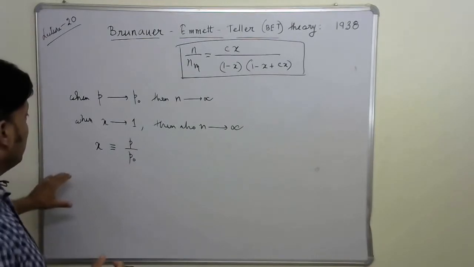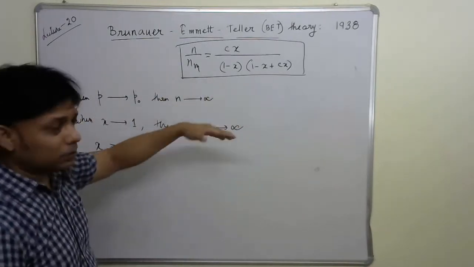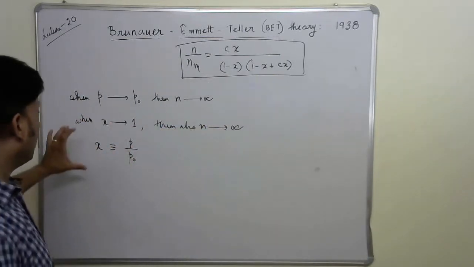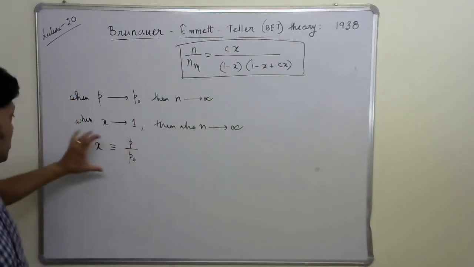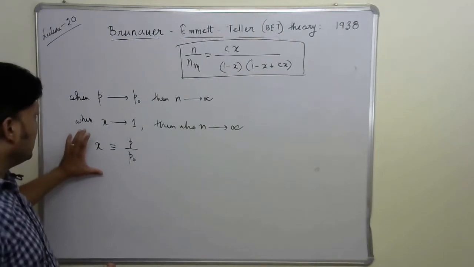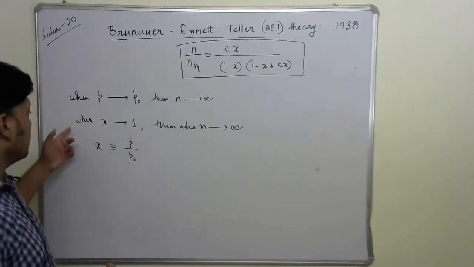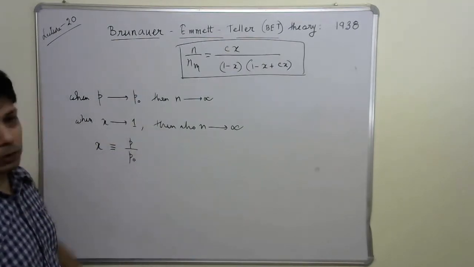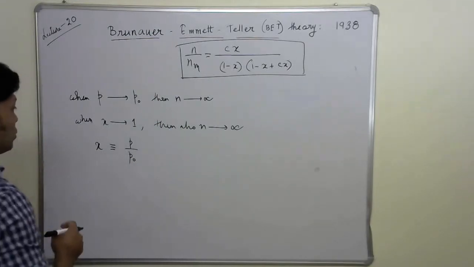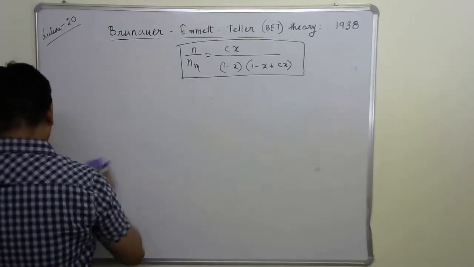Simply, instead of writing directly the expression of x, which contains the P term and so on, we can replace x with the fraction P over P naught, because it has the same meaning. Because when x tends to 1, N tends to infinity, we can safely replace x with P by P naught. And if we do so, the same equation takes up this form.